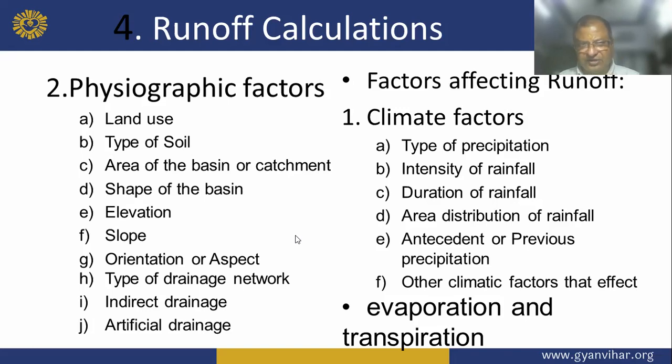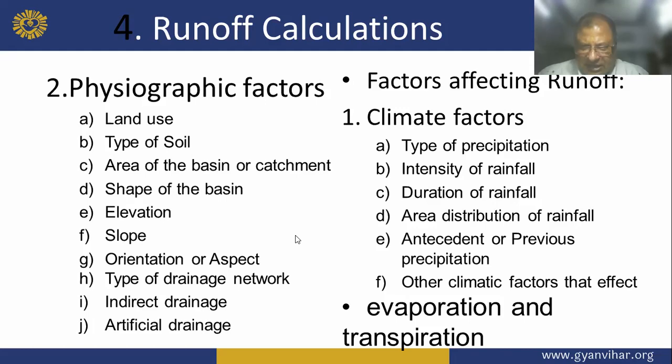This is runoff calculation and the factors affecting runoff. The physiographic factors are land use, type of soil, area of the basin or catchment, shape of the basin, elevation, slope, orientation, and type of the drainage network, including indirect drainage and artificial drainage.